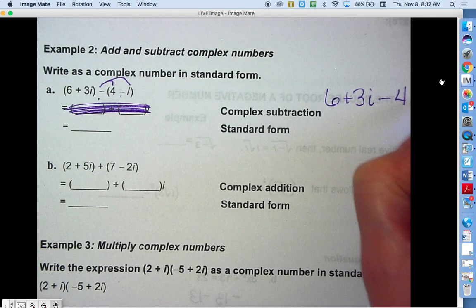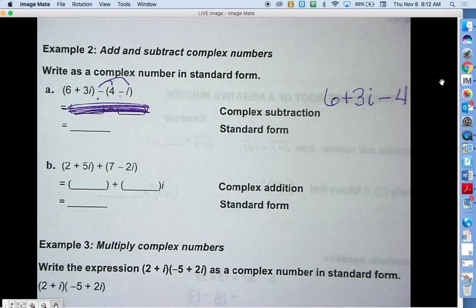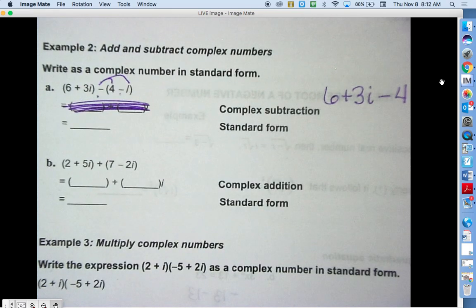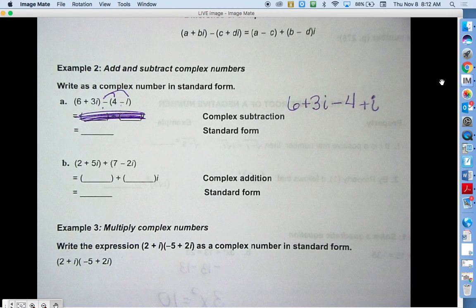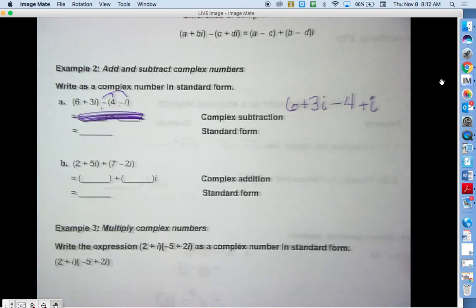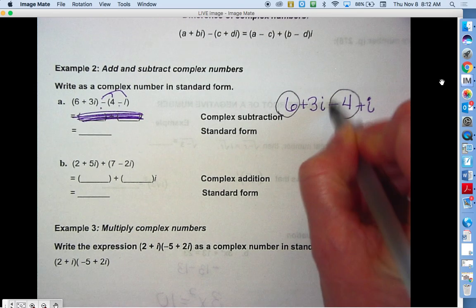So if there's a negative in front of parentheses, Gavin, what do you usually do? Yeah, multiply it by negative 1. So this gives us 6 plus 3i minus 4, and then a negative times a negative makes a positive i.